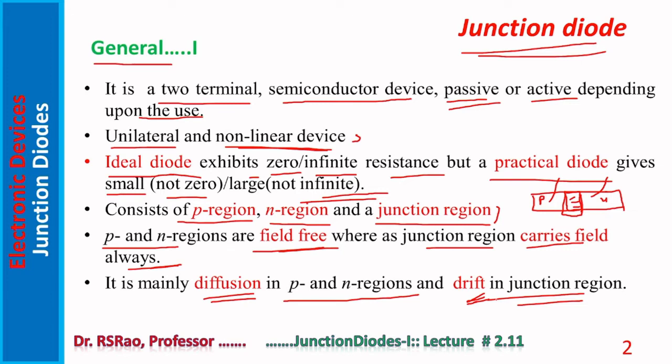Diffusion and drift, these two are processes that exist in the functioning of PN junction diodes. You are going to see out of these two, however, diffusion is going to be the major process in the working of PN junction diodes and in general semiconductor devices.